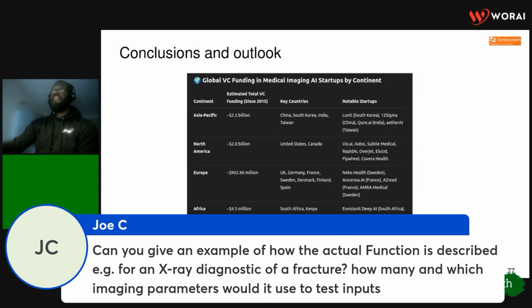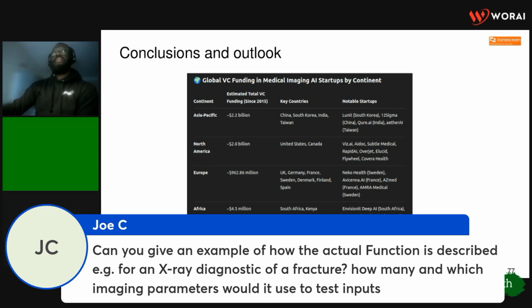One way to do this would be a cascaded model where you first detect the region of interest. The region of interest, for example, could be the spine, so you detect the spine.